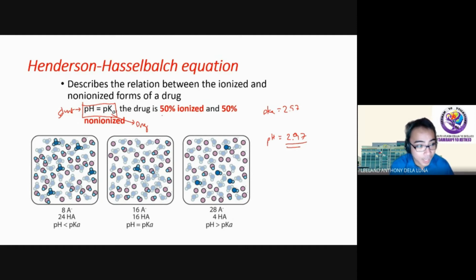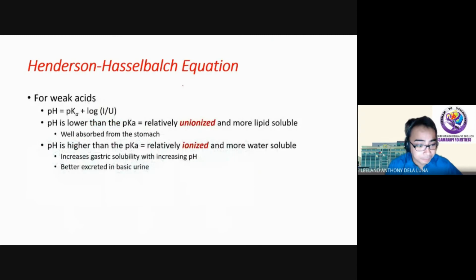Kaya class, the drug will exist 50% ionized and 50% non-ionized. Okay? So are we clear? Okay, quits yung pag-dissociate niya into its ionized and unionized species. Right? So the Henderson-Hasselbalch equation class is one of the equations that expresses this dissociation clearly, or it's the equation that shows the dissociation clearly.